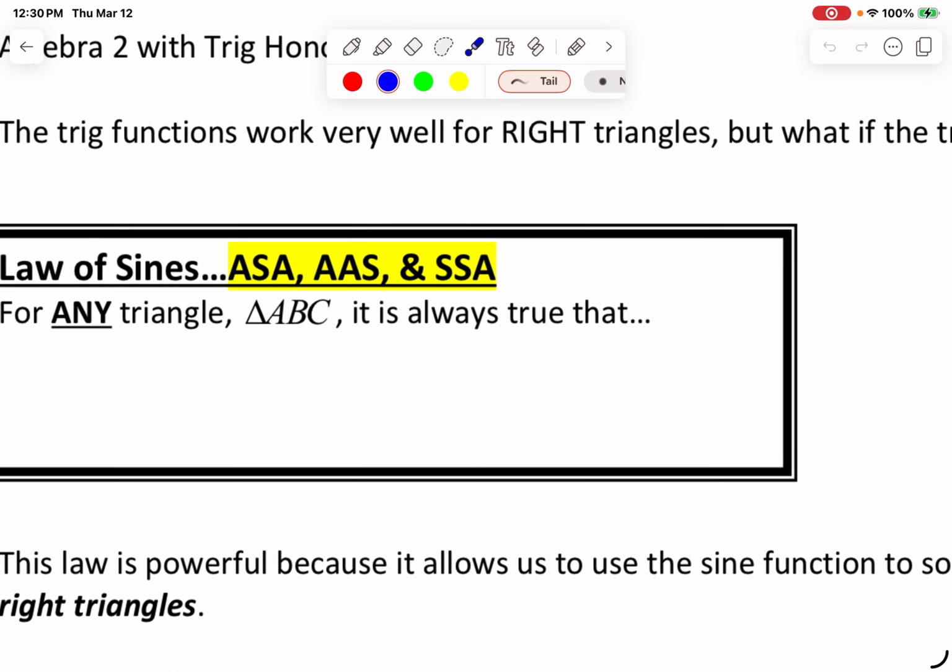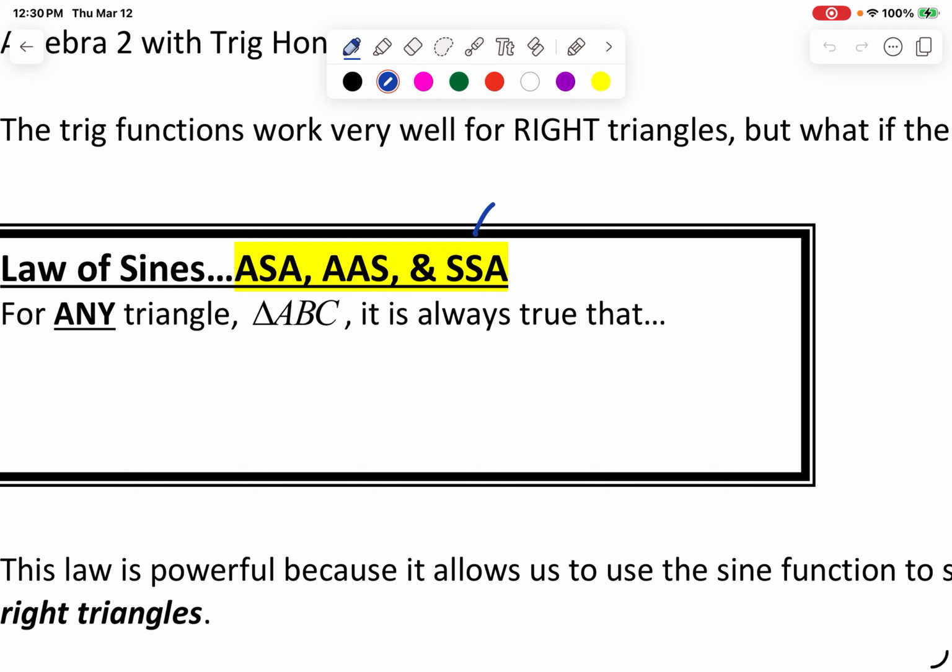Now, SSA is called the ambiguous case. We do not talk much about the ambiguous case in this class due to the fact that you guys haven't learned the unit circle yet. You haven't learned what the sine graph looks like, what the cosine function looks like.